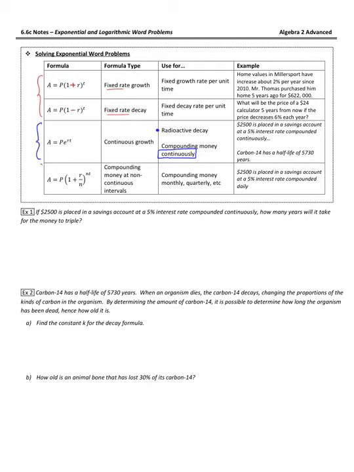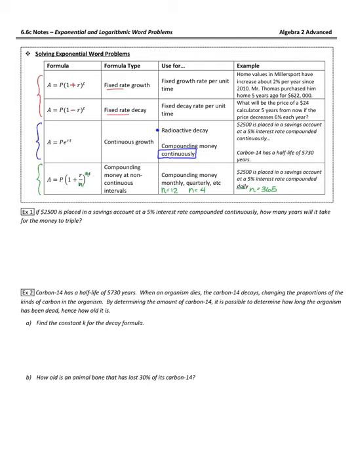And then the last formula you should be familiar with is the one that has the N. Here you have a variable rate depending on how many times your money compounded. Monthly, that means N would be 12, quarterly N would be 4, daily N would be 365.